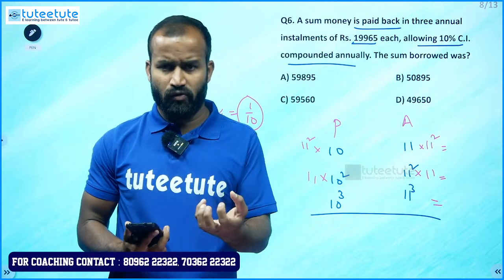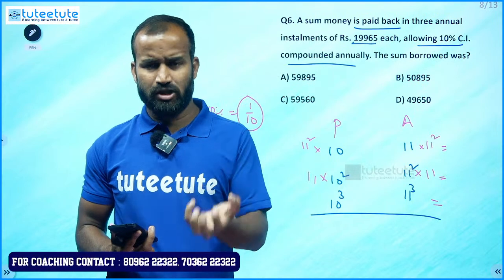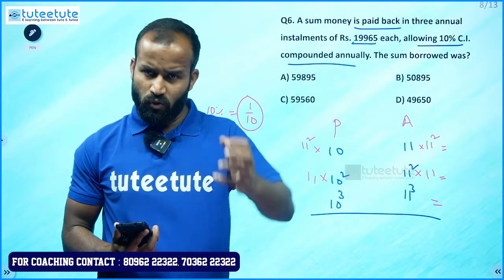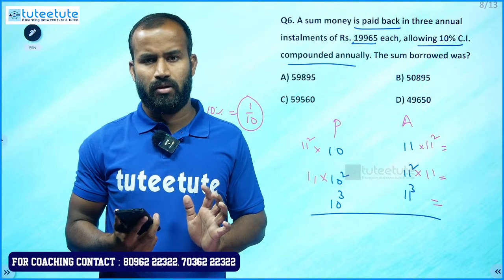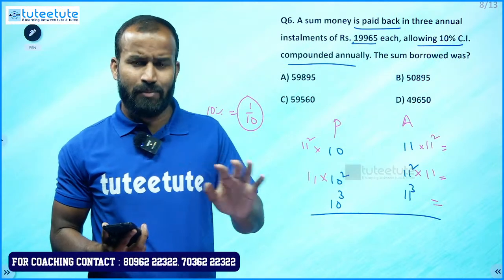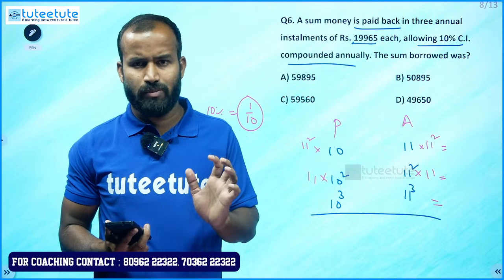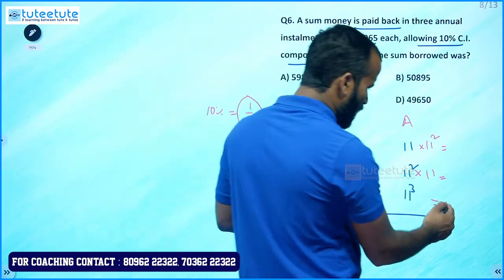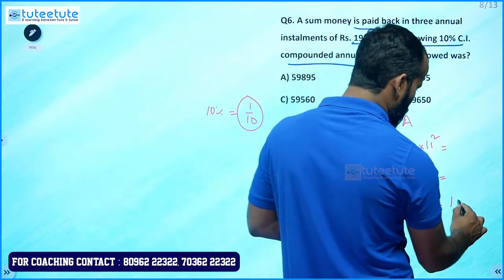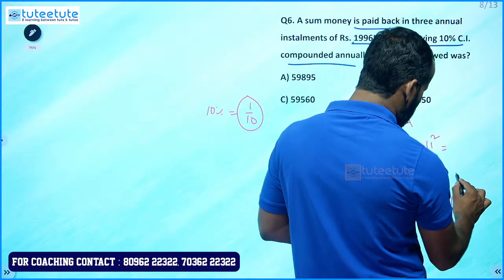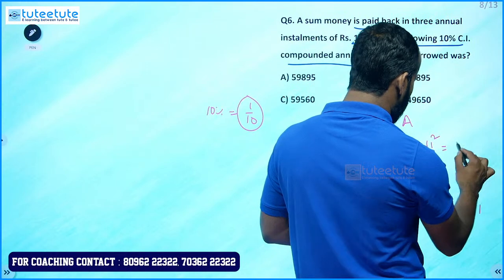It will be useful for school students, college students, and those preparing for competitive exams. Very basic mathematics is there in that speed math course. 11 cube is 1331. You have to know the 11 cube value, 1331.